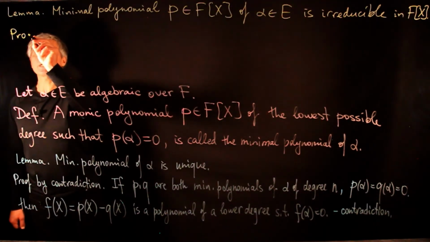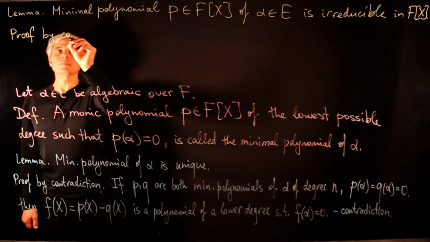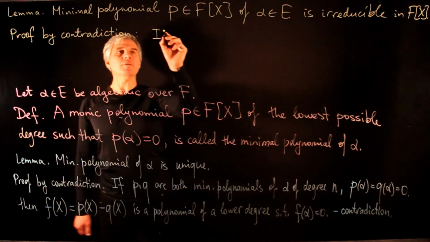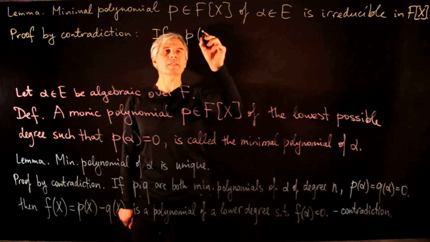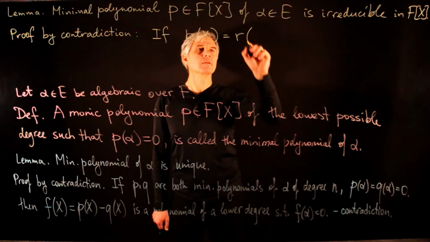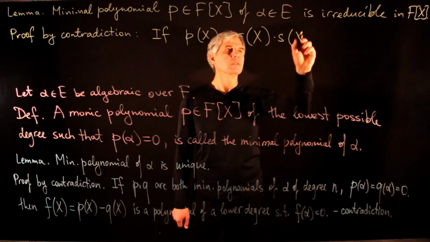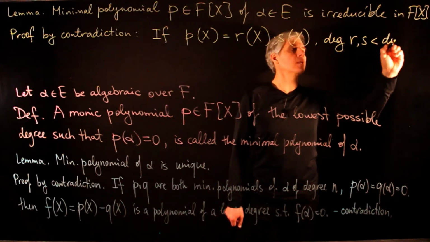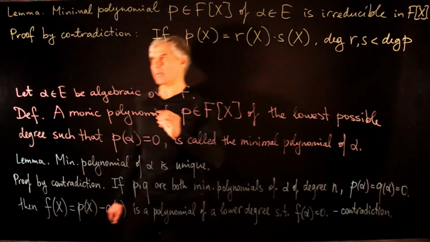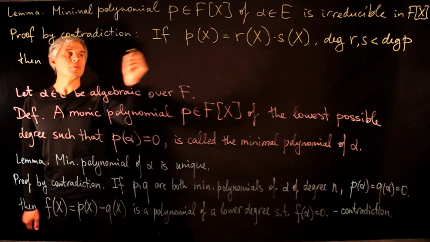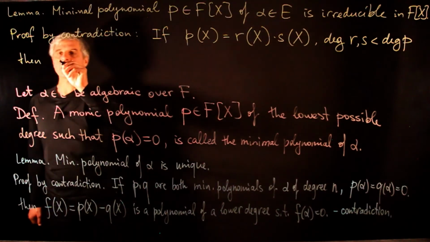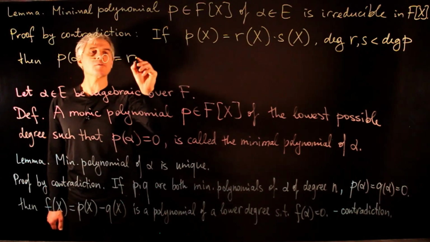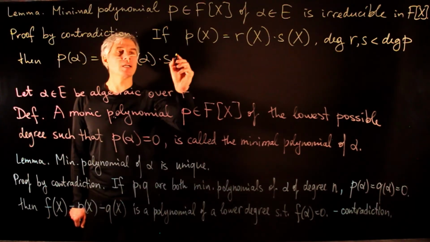And proof, again by contradiction: if we can factor p of x as r of x times s of x, where degrees of r and s are lower than degree of p, then if we substitute alpha in this equality, we get p of alpha, which is 0, is equal to r of alpha times s of alpha.